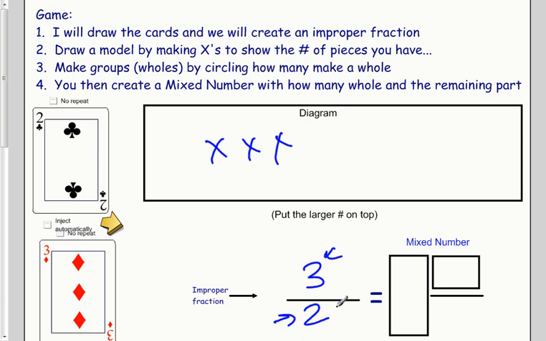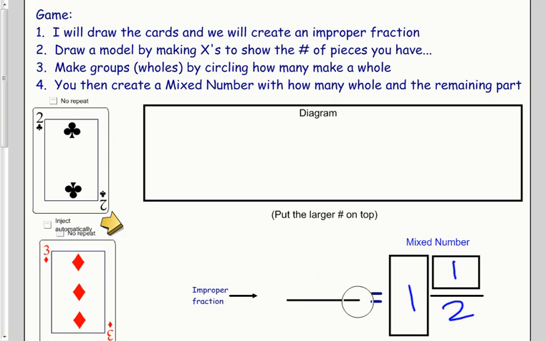So these pies are cut in half. So for every 2 X's, we have one whole pie. So we're going to circle our one whole pie that has our 2 X's in it, and then see what's left over. So you can see we have one whole pie with one piece left over, and remember our denominator stays the same. So 3 halves is equal to 1 and 1 half. Let's try one more.